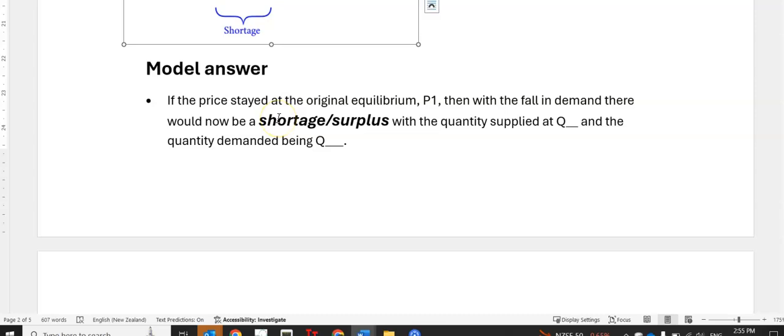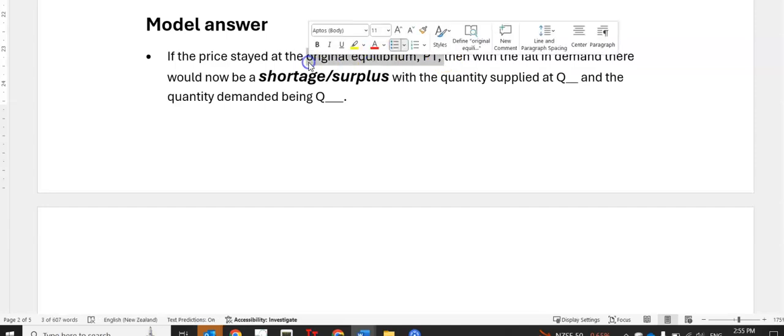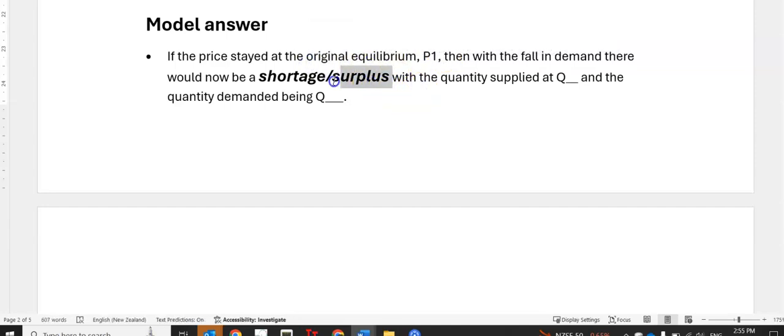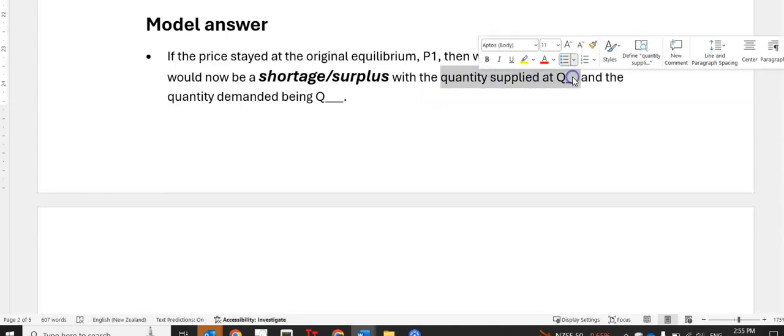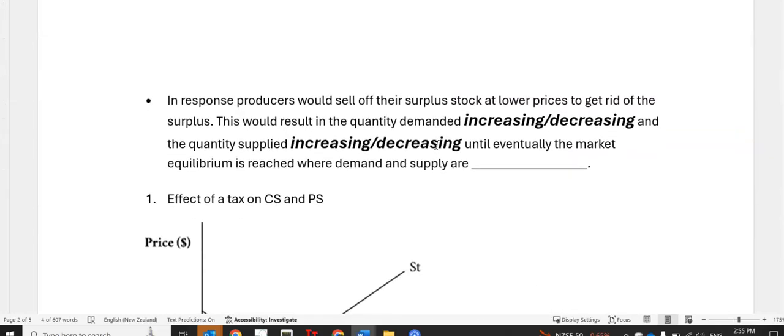Okay, so there's a little model answer here, and you can just follow this. What happens if the price stays at the original equilibrium price? Is there a shortage or a surplus? Make sure you say because the quantity supplied is whatever and the quantity demanded is whatever. So that's your first point. And then your second point, in this case, there was a surplus, so producers will sell off their surplus stock to get rid of the surplus.